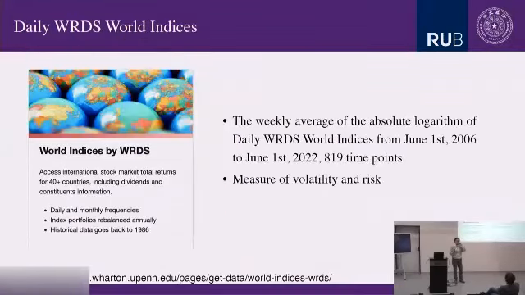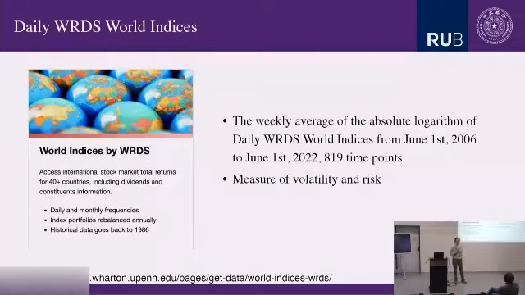I will start with the data and the final results we get, just to give you a direct impression of what we can do. We look at the world indices by WRDS, from this website, from Wharton.